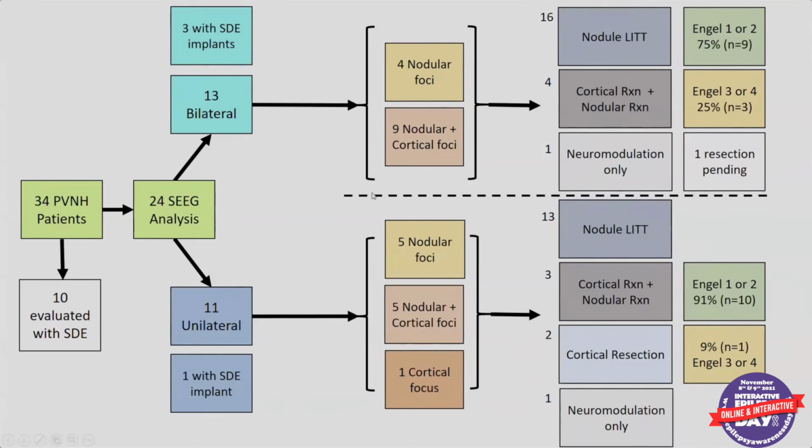And as you can see, the outcomes are exceptionally good, especially in the cases that are unilateral, where 91% have a good outcome. In the bilateral cases, the disease obviously is broader, and the good outcome rate is around 75%. And we're in the process of formalizing these results for distribution to the community of epileptologists and surgeons.